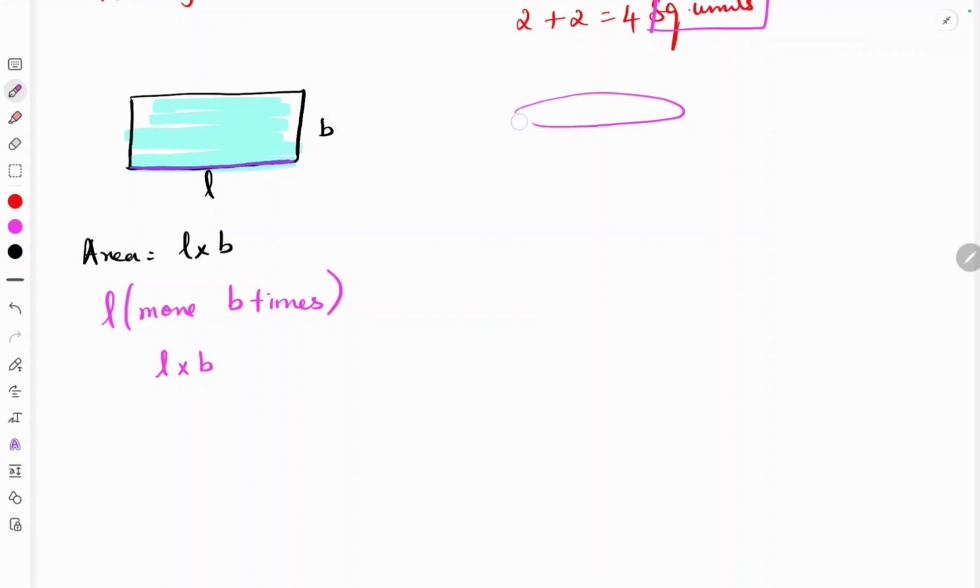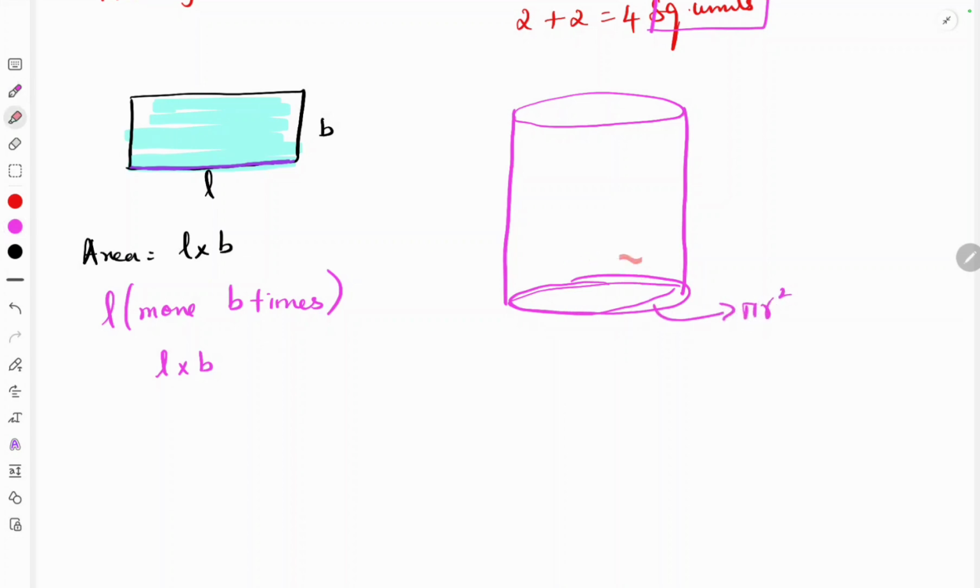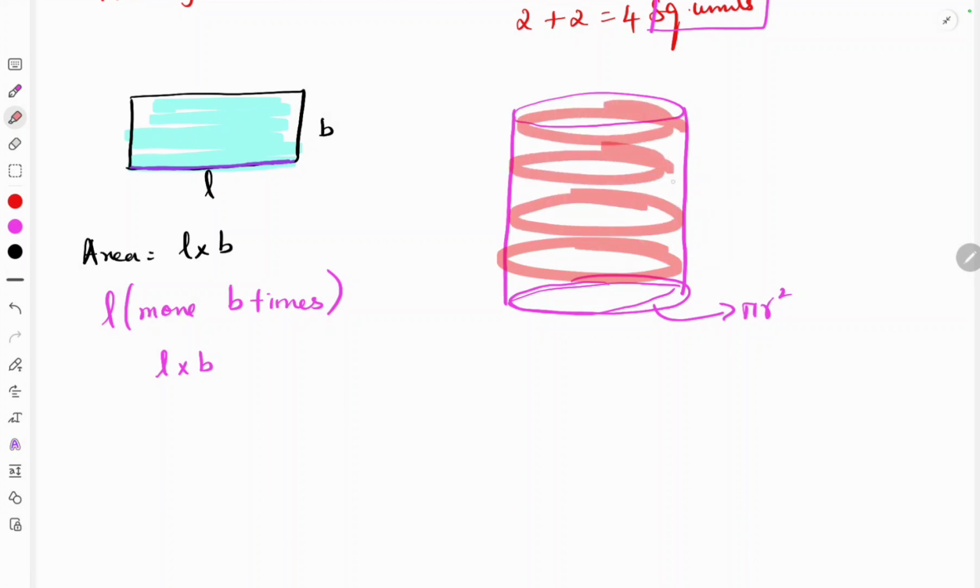Suppose I take a right circular cylinder. The base is a circle, so its area is pi r square. This base we have to move h times to cover the entire space.